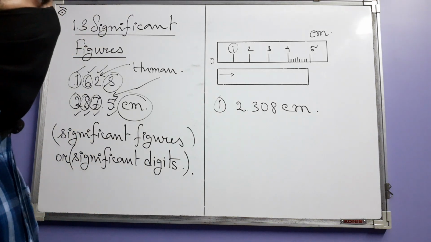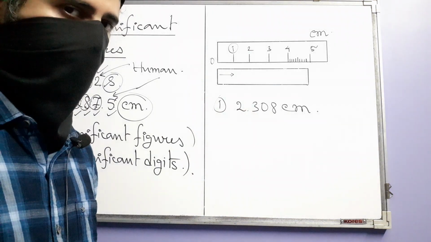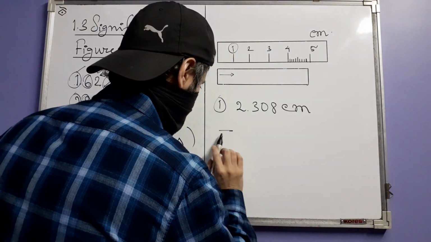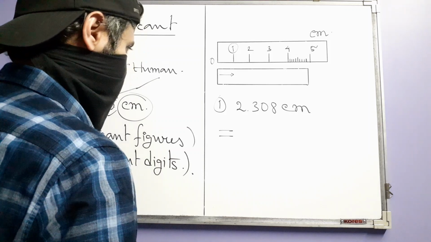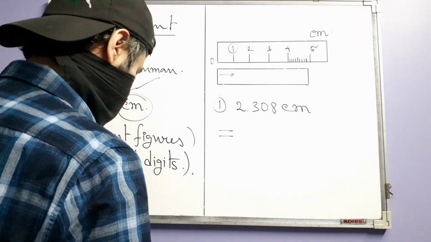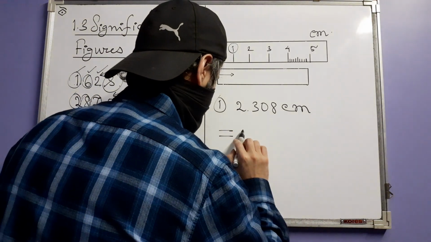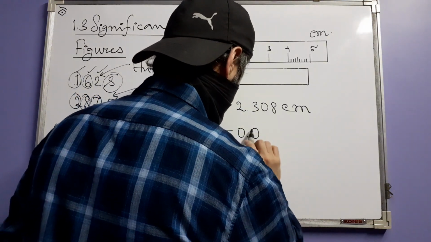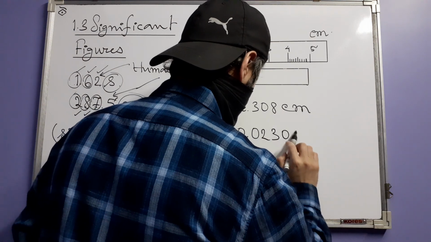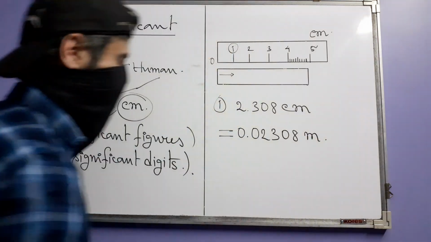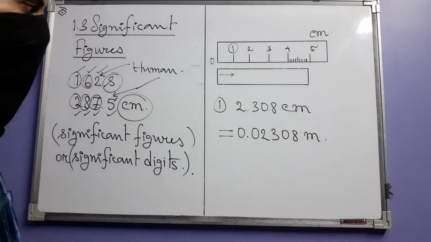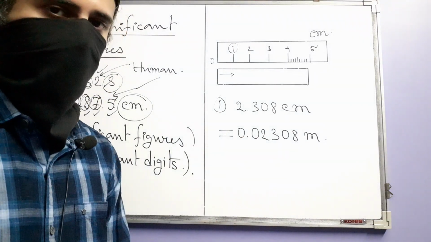Now say we change this to meter. If we convert this to meter, what should we do? We have to divide by 100, and that will give us 0.02308 meter. Now what do you see?